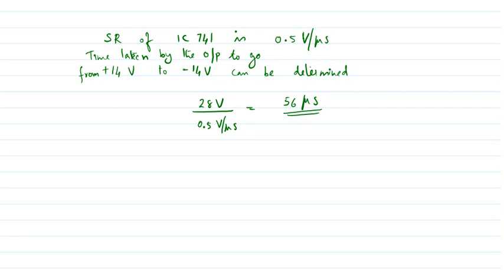This 56 microseconds must be the minimum time between the two zero crossings.